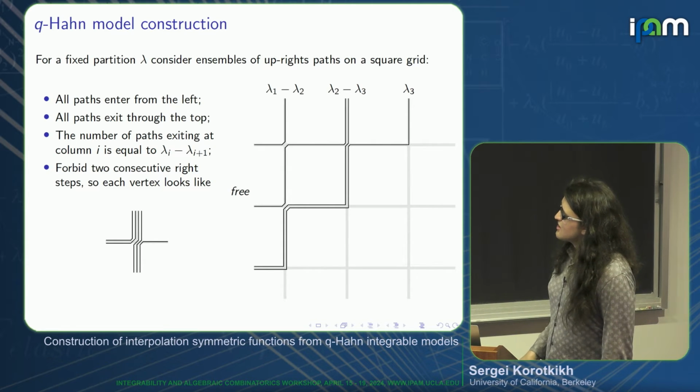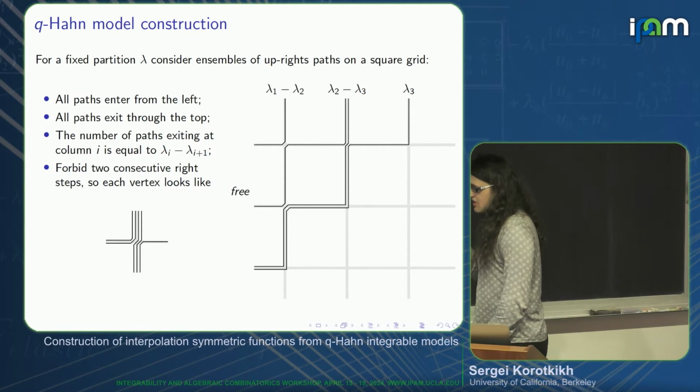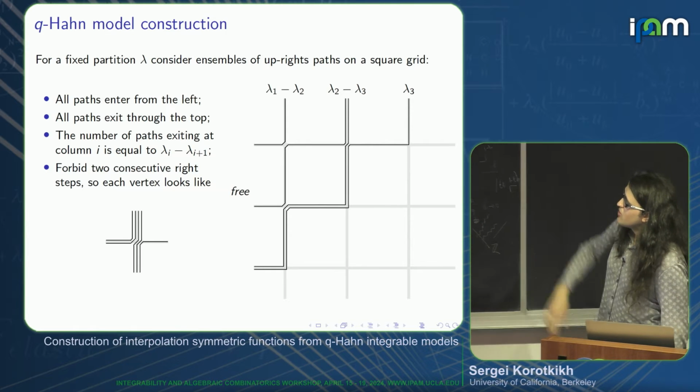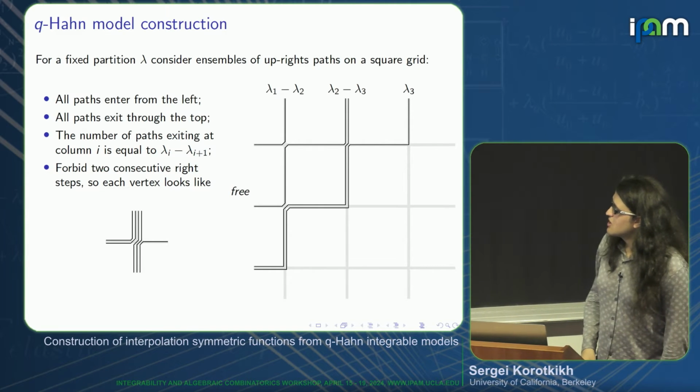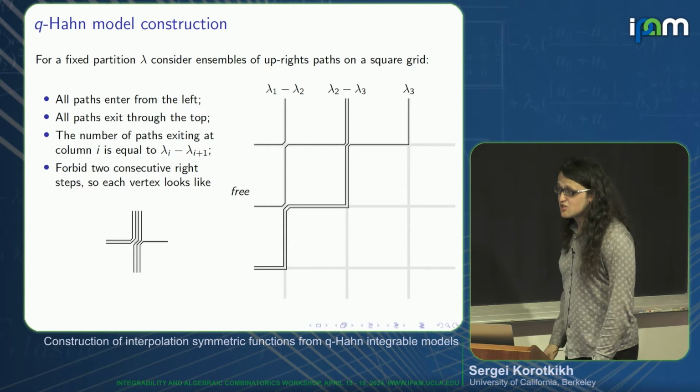Then I will encode my partition lambda, which is the index of my function, by the top boundary, by the number of paths exiting the top boundary, taking the differences between the parts of the partition.